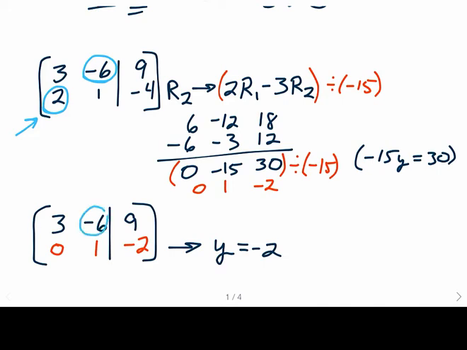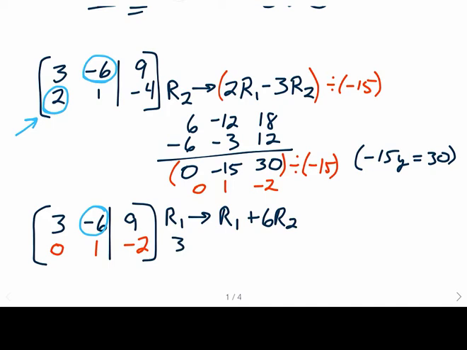I want to go ahead and get a 0 in the upper right where the -6 is. So let me erase the equation we just wrote down. What I want to do is replace row 1 by doing something that will get rid of that -6. In other words, I want row 1 to be replaced by row 1 plus 6 times row 2.